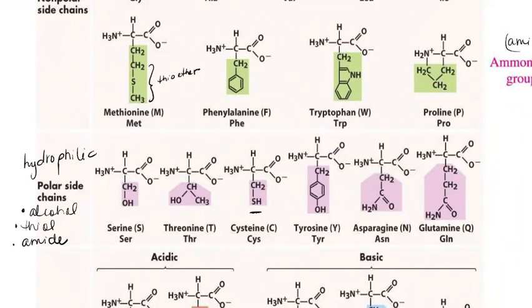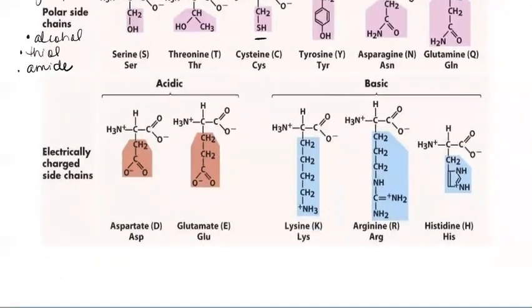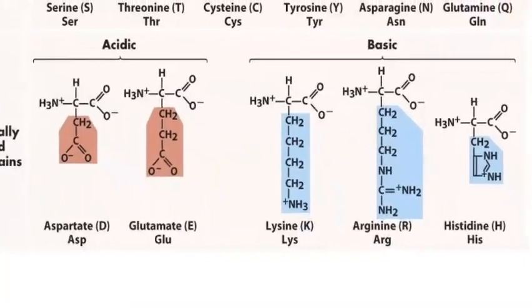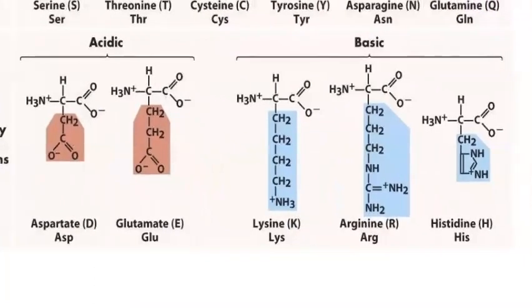There's two more families of side chains that we have in amino acids, and those are acidic amino acids versus basic amino acids. In the acidic amino acids, the side chains, meaning the highlighted area, are going to have carboxylic acids.